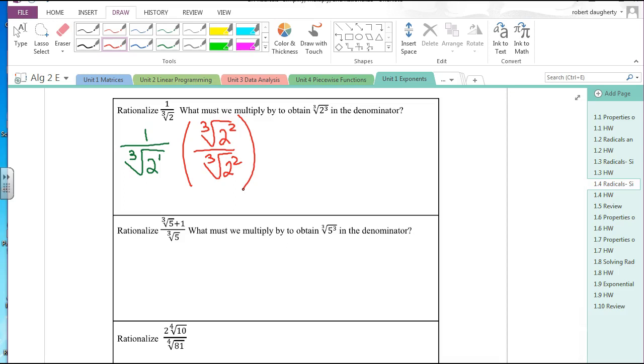So on the top, I've got the cube root of, what is 2 squared? 4. On the bottom, I'm going to have the cube root of 2 cubed. What's the cube root of 2 cubed? 2. So this is the cube root of 4 over 2.